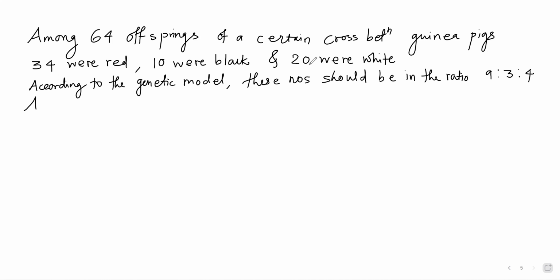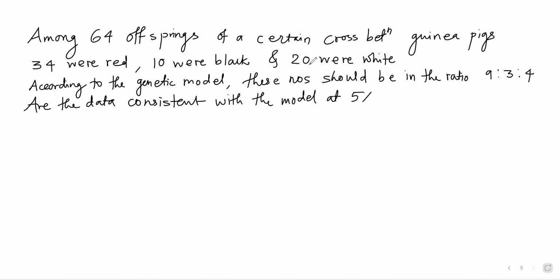Are the data consistent with the model at 5% level of significance? At 5% level of significance, the tabular value is given as chi-square 2 at 0.05, which is 5.99.